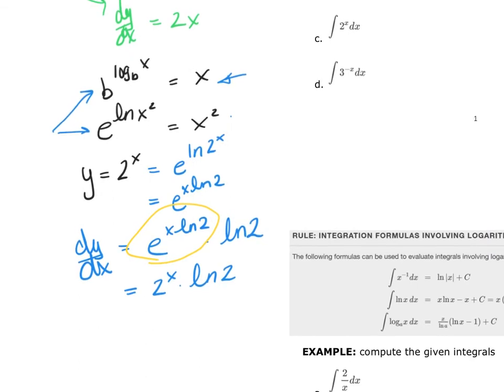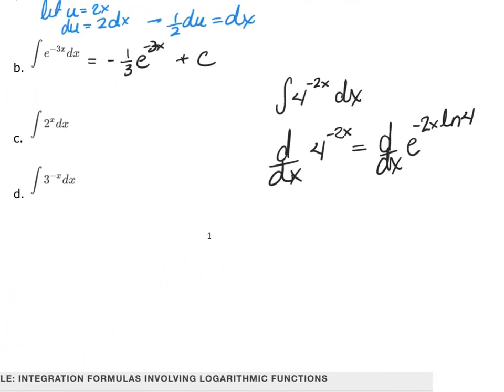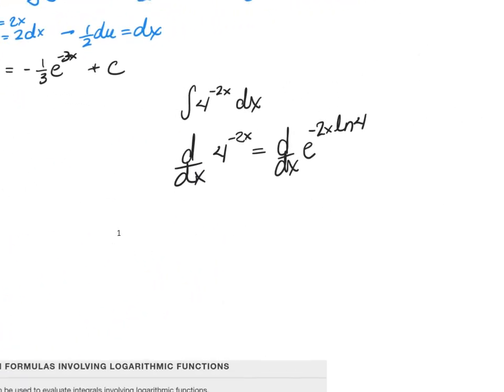So the derivative of that is going to be e raised to the negative 2x times the natural log of 4, multiplied by, and the only variable I have is this x. The negative 2 and the 4 are just constants. And so I would have needed a negative 2 times the natural log of 4.